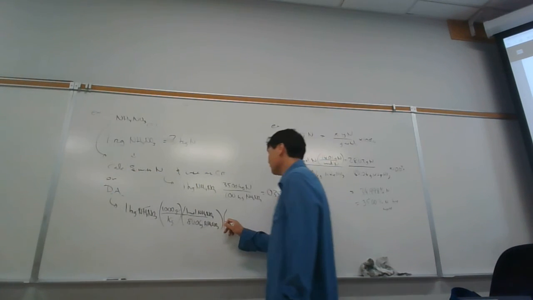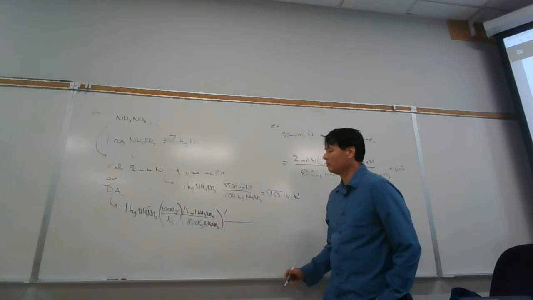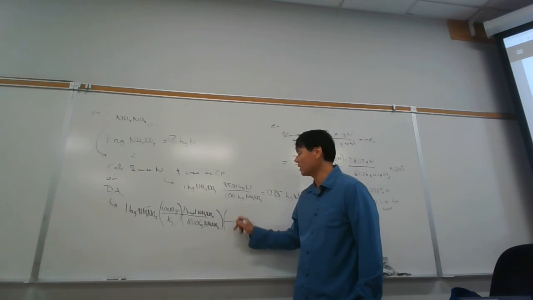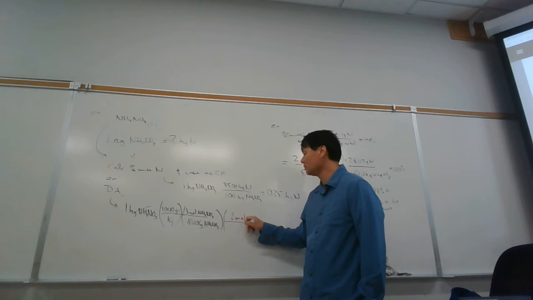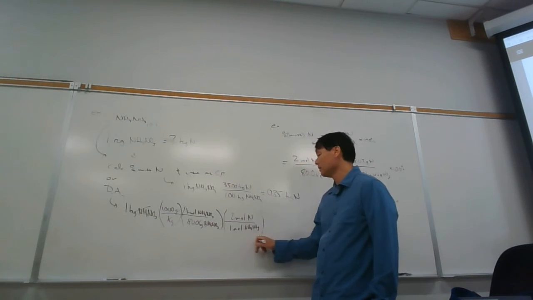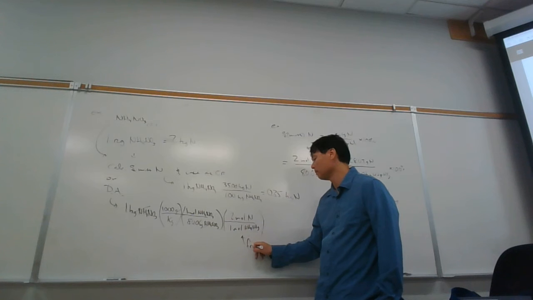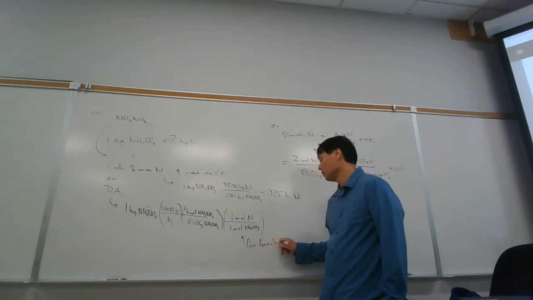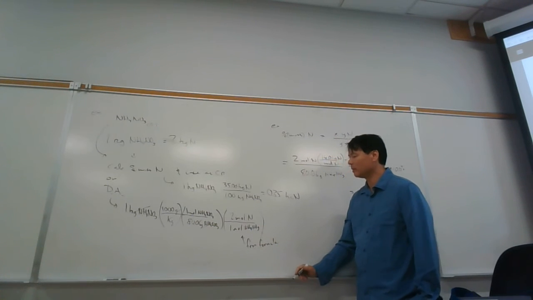Once I'm at moles of ammonium nitrate, then I'm going to use the formula. For every 1 mole of ammonium nitrate, I have 2 moles of nitrogen. So I have 2 moles of nitrogen, N atoms, for every 1 mole of ammonium nitrate, and that just comes from the formula. There are 2 nitrogens for every ammonium nitrate.